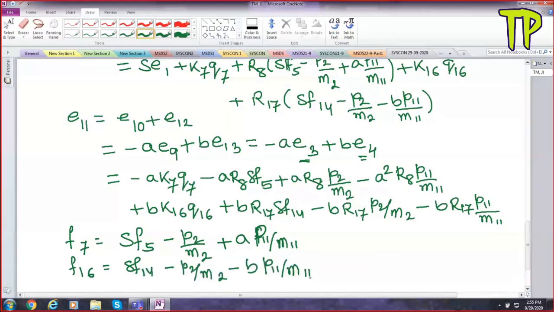Okay. So that's done. Then two output equations, they are straightforward.